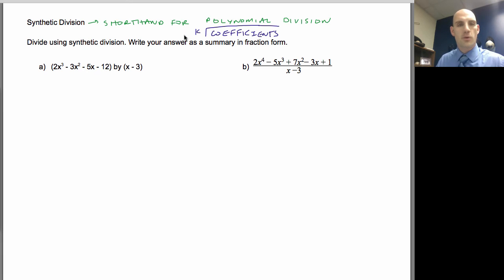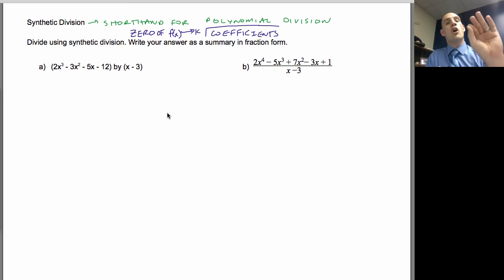It's important to remember that this k is a 0 of f of x. So basically what I'm dividing by is something that I know is a 0 of f of x. But it's going to be written as a linear factor, and we're going to talk about that in the next part. But as you can see here, I'm dividing by x minus 3, and coincidentally, I'm dividing by x minus 3 here to give you an idea of what's going on.